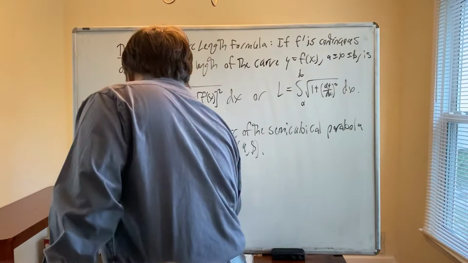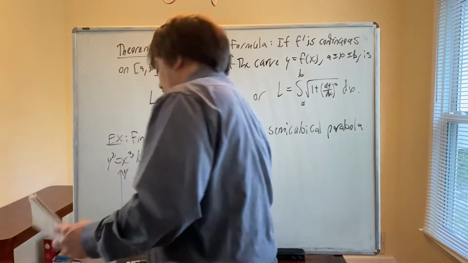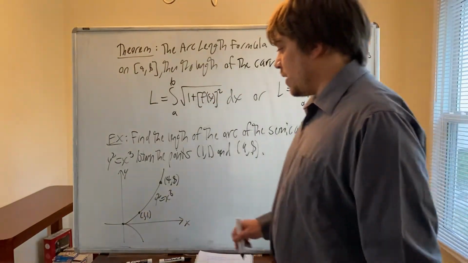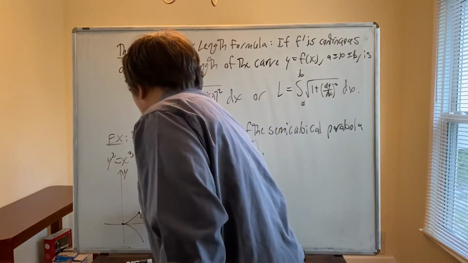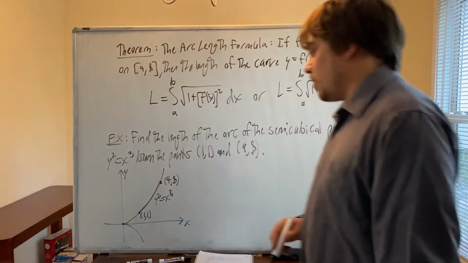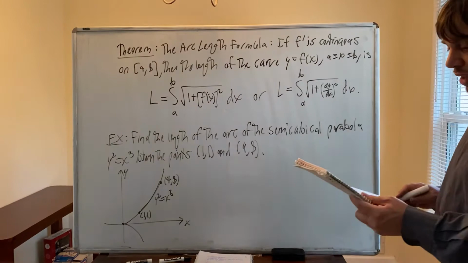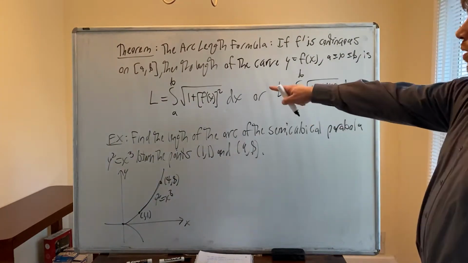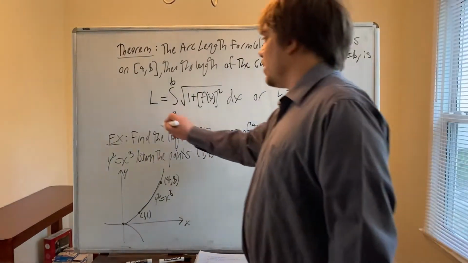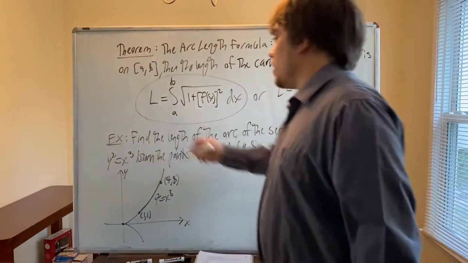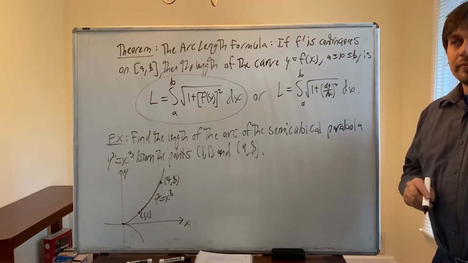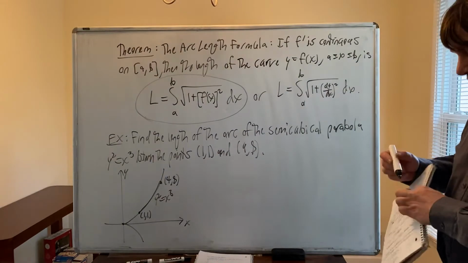This is the graph of the curve y squared equals x cubed. Okay, and so we're going to find the length of the arc between these 2 points, the length of the arc right there. Okay, and so to do that, we will use the arc length formula right here. We're going to use that equation.